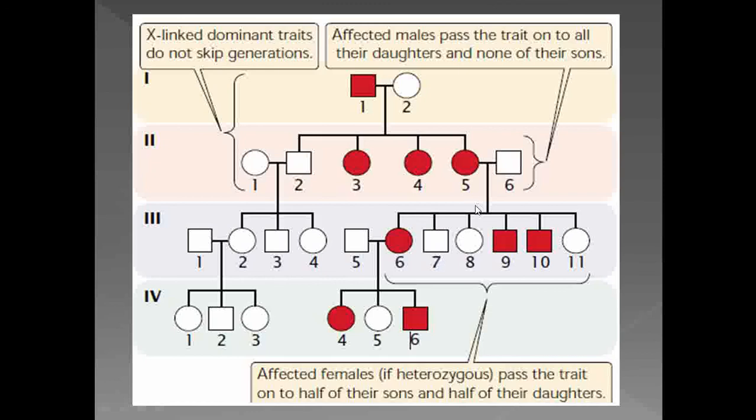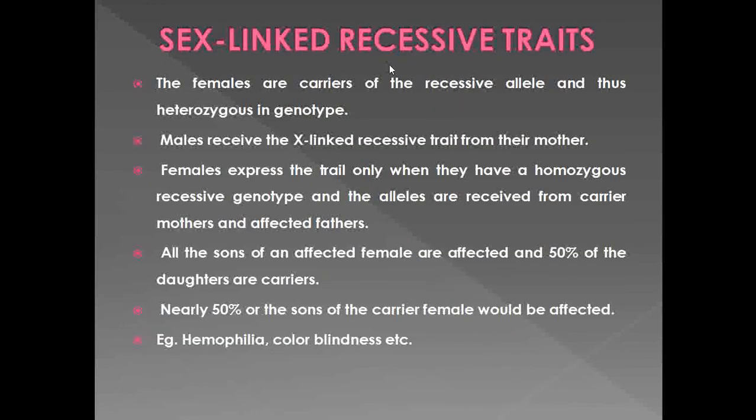So in the next generation, 50% of males and 50% of females get affected. Here also the female is affected, the male is normal. In the next generation, half male, half female get affected. So this is the sex-linked dominant trait.